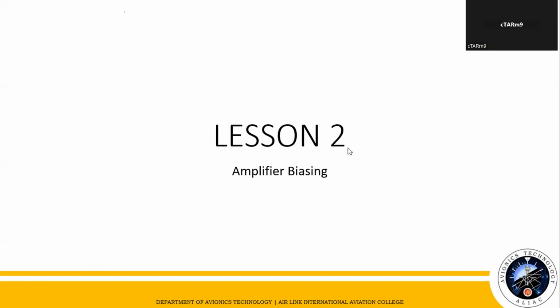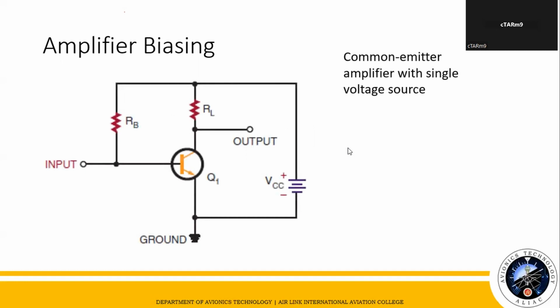The base emitter junction must be forward biased and the base collector junction must be reverse biased. However, both bias voltages can be provided from a single source. Based on our discussion, the common emitter circuit configuration is the most often used, so it is described here in the amplifier biasing. The same principles apply to the common base and common collector circuits.